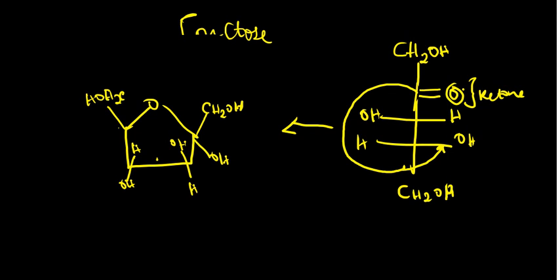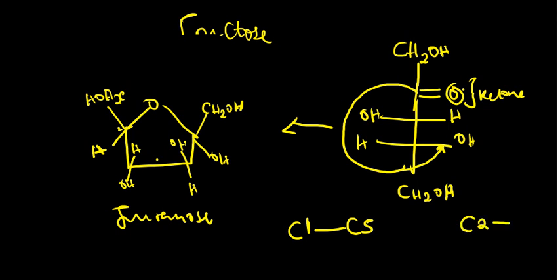Okay, so this is the 5-membered furanose ring. So this is a furanose ring. I want you to notice this. When forming a ring in glucose, notice that carbon 1 binds with carbon 5, but in fructose, carbon 2 binds with carbon 5.